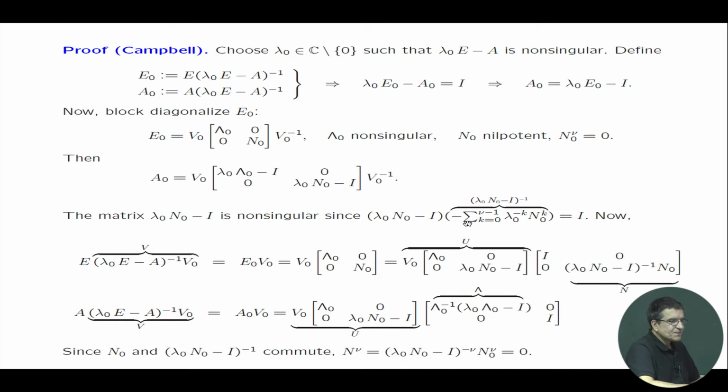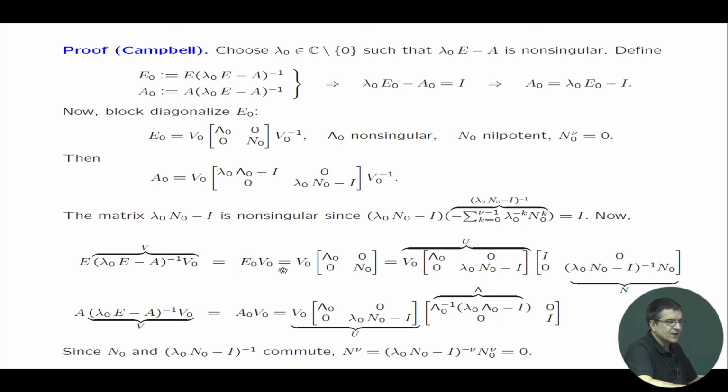So now write everything in the way so that you get the final result. So E multiplied with this inverse. This is in fact our new E, the E0. Now bring the inverse of the V0 to the left-hand side.